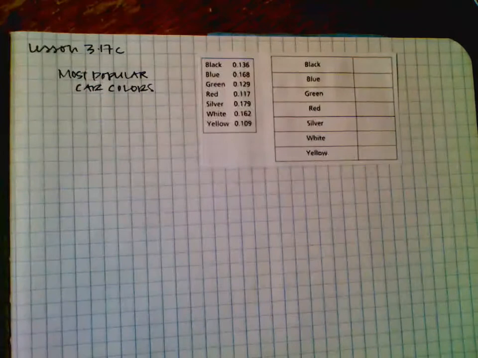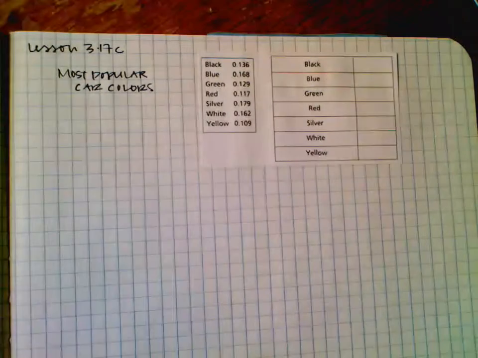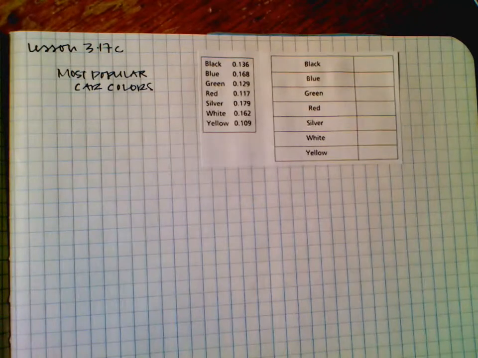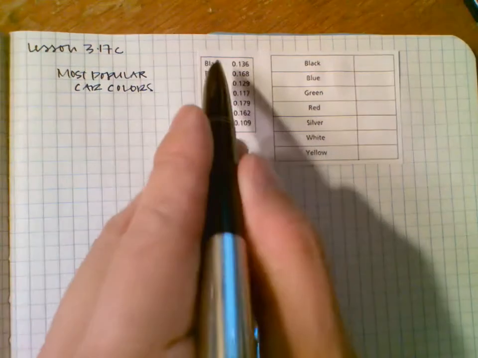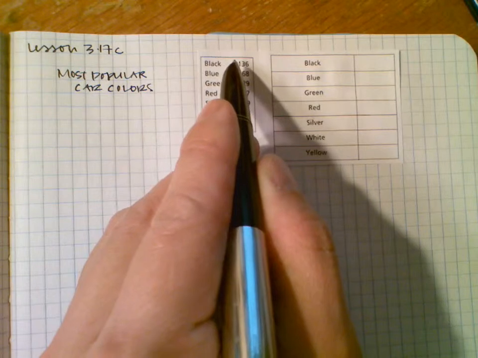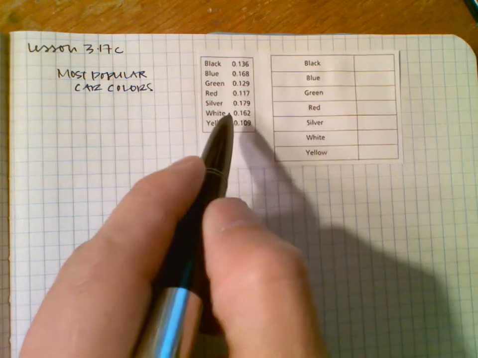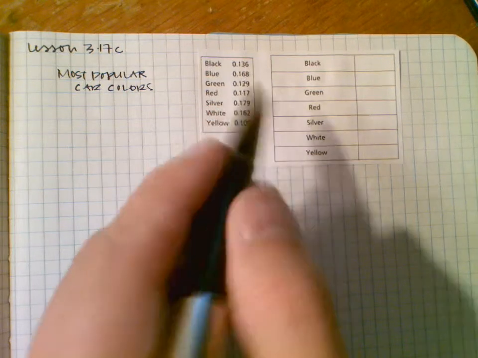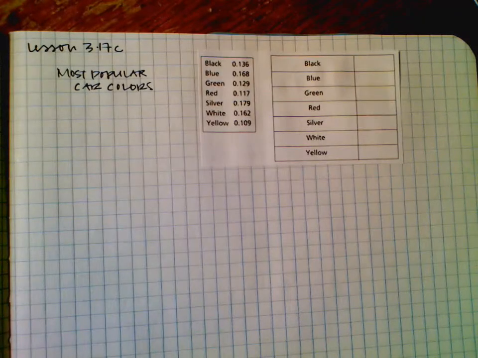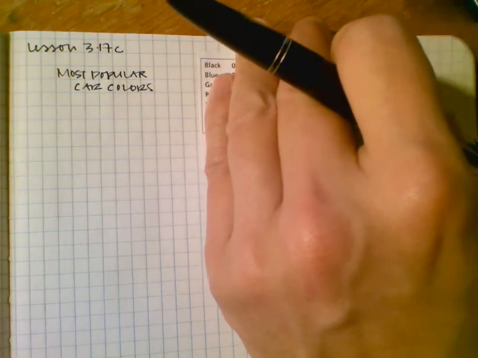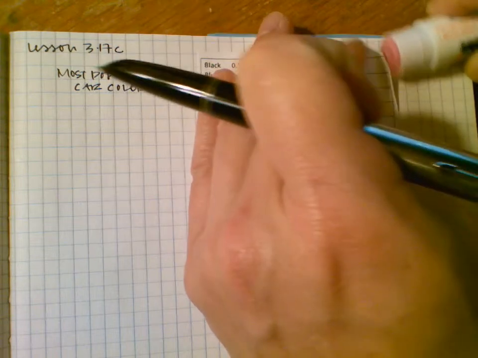If they sold a black car, they put a hash mark under black. Blue, they put a blue, whatever color. And this is out of the total. It's almost a percentage, only it's not a percentage, but it is the decimal equivalent of a percentage, if you will.